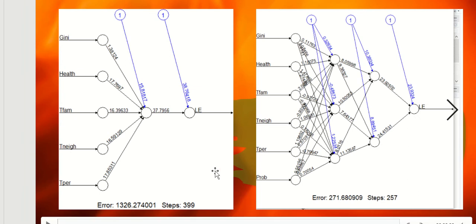So here are some basic neural networks which I built myself. LE is life expectancy, so this is one hidden layer. These scalars are the weights, so it's very clear to see which of the features impacted the output layer the most.